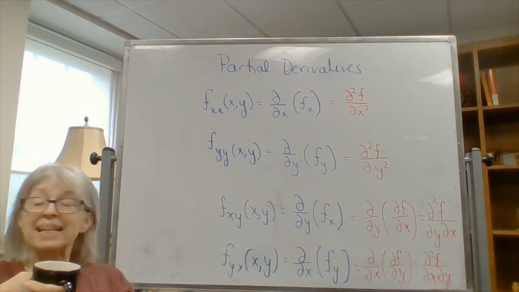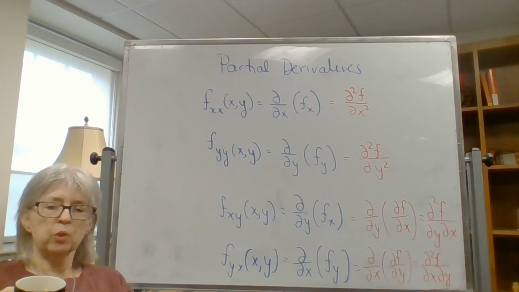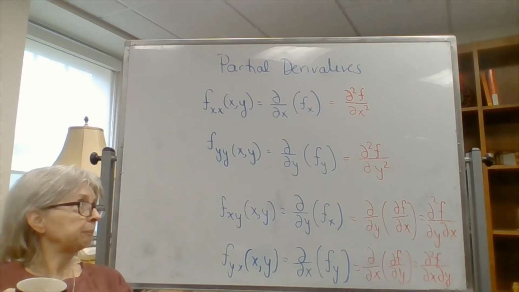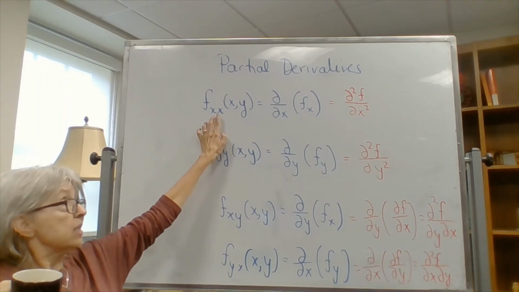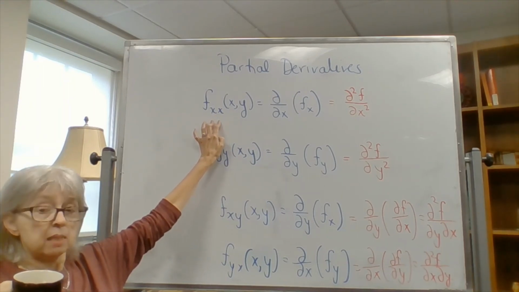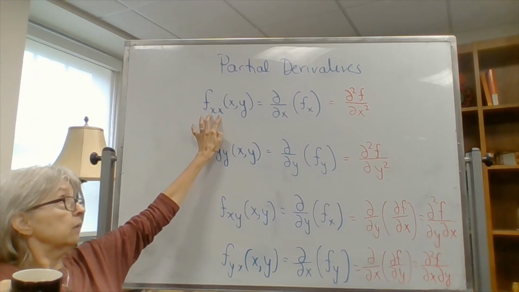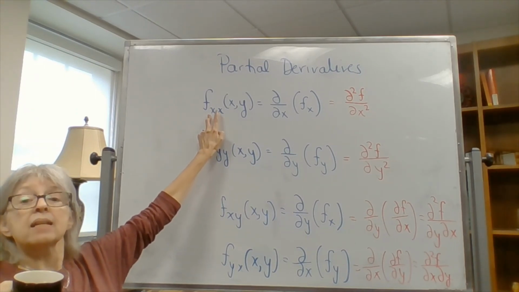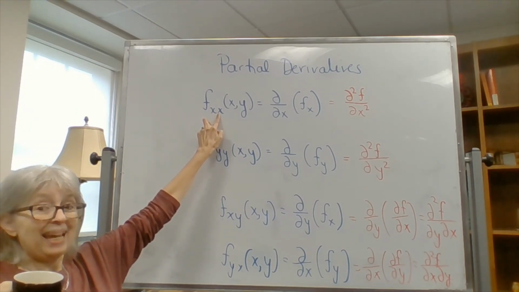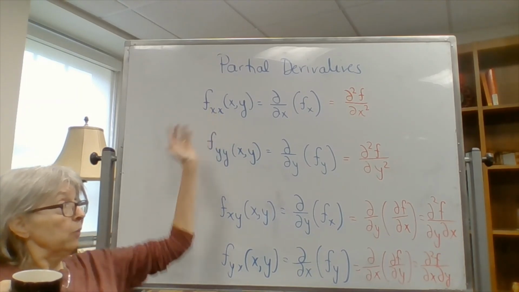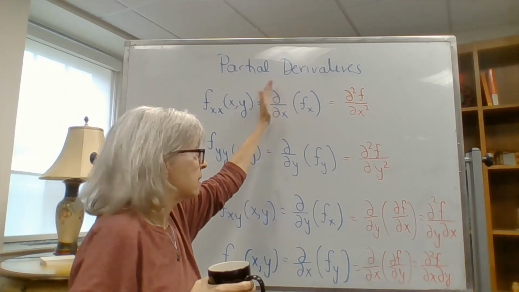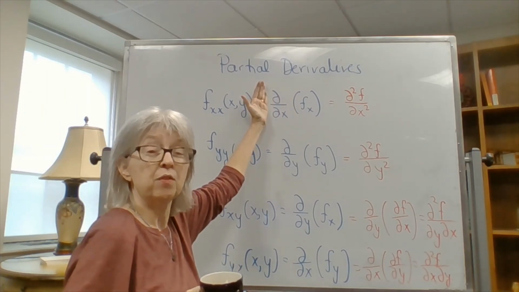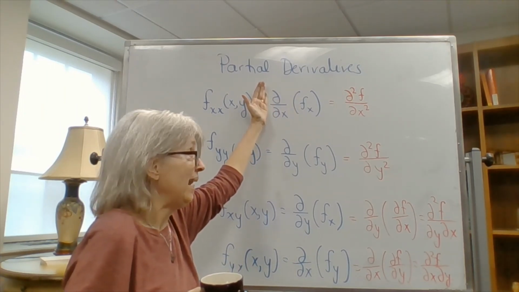That's called a second partial with respect to x. I could denote it with the name of the function subscripted with 2 x's to let you know I did the derivative with respect to x, and then found the derivative of that with respect to x again.